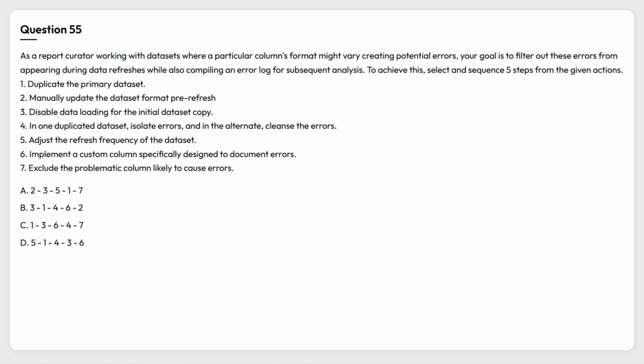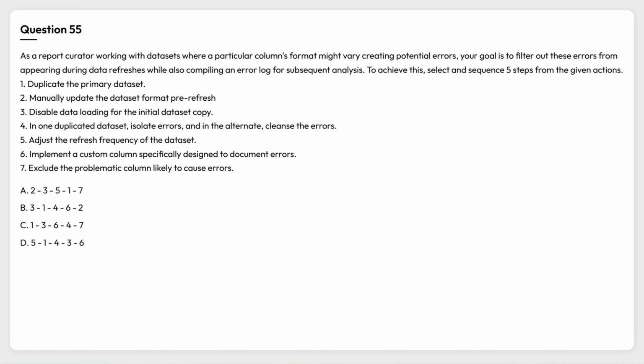In one duplicated dataset, isolate errors and in the alternate, cleanse the errors. 5. Adjust the refresh frequency of the dataset. 6. Implement a custom column specifically designed to document errors. 7. Exclude the problematic column likely to cause errors.